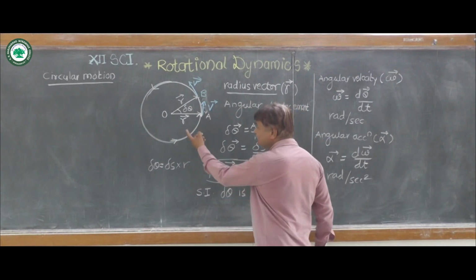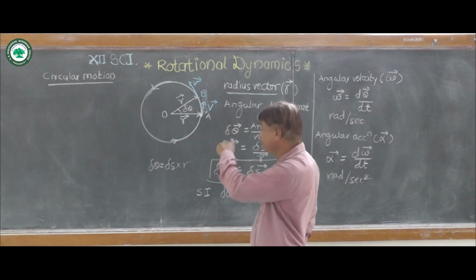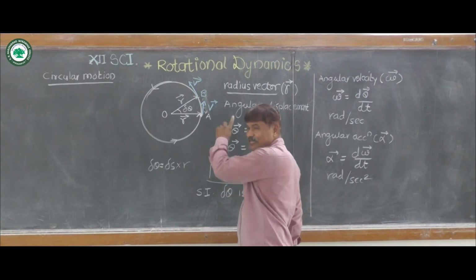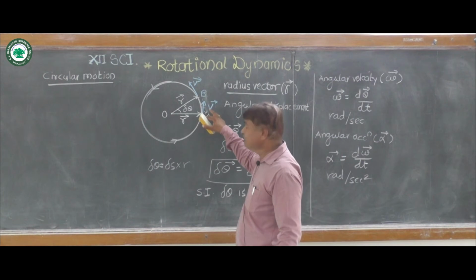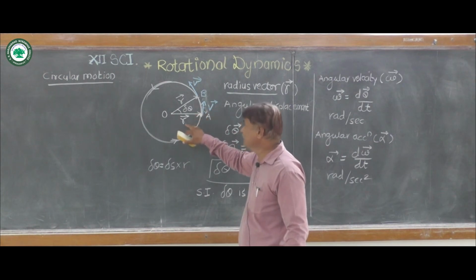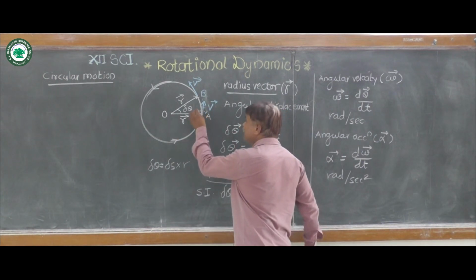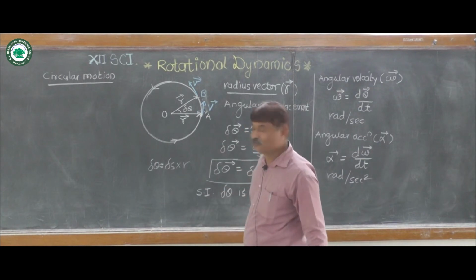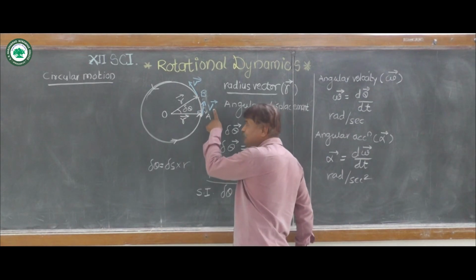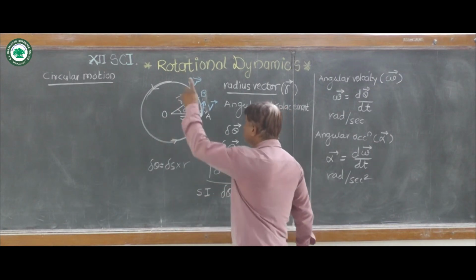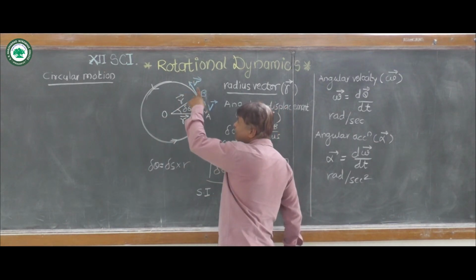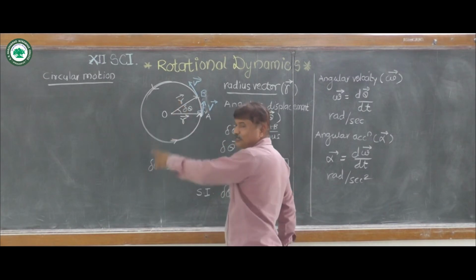If we concentrate on the direction of the radius vector and linear velocity, both are perpendicular to each other. The linear velocity is perpendicular to the radius vector, and the linear velocity at point B is also perpendicular to the radius vector.